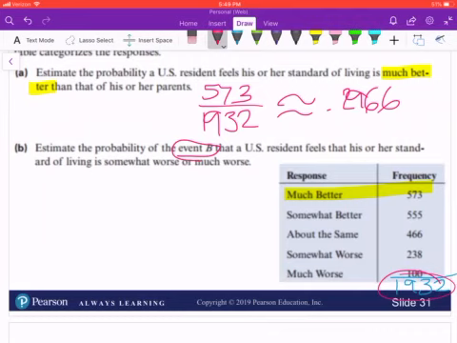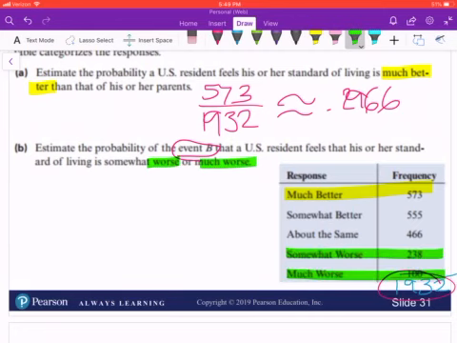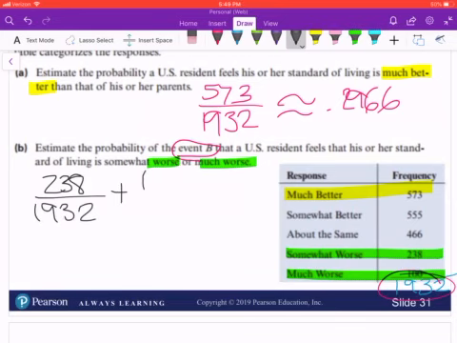For the second question, it says estimate the probability of the event B, and that will be that a U.S. resident feels, based on the survey results, that his or her standard of living is somewhat worse or much worse than that of their parents. For that, we have to add these two numbers. So we have 238 divided by 1932 plus 100 divided by 1932.